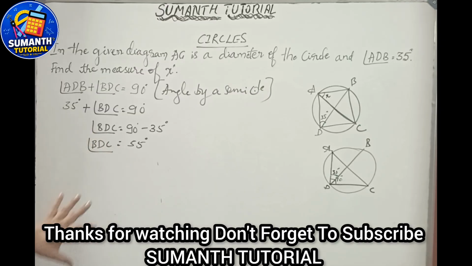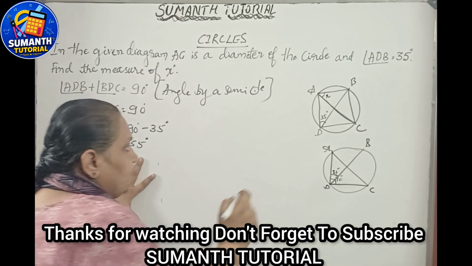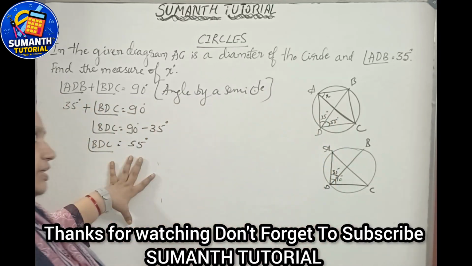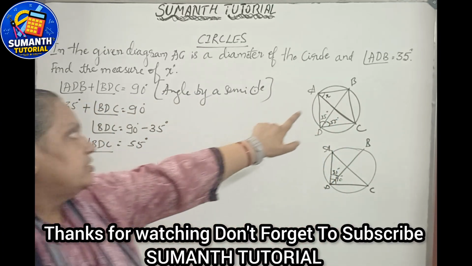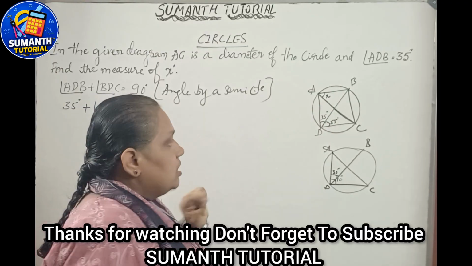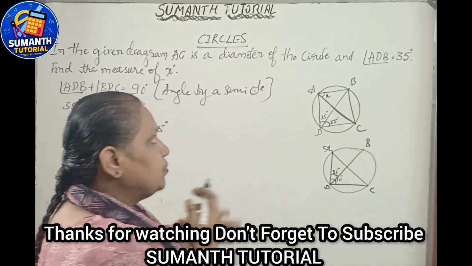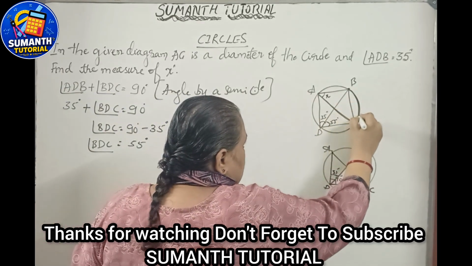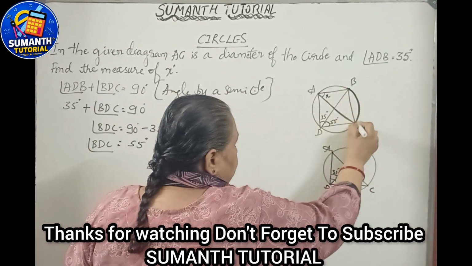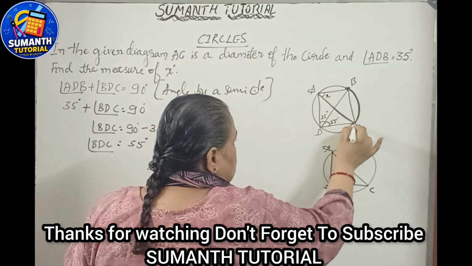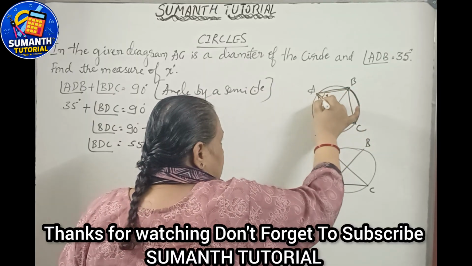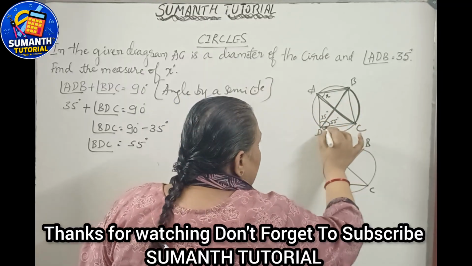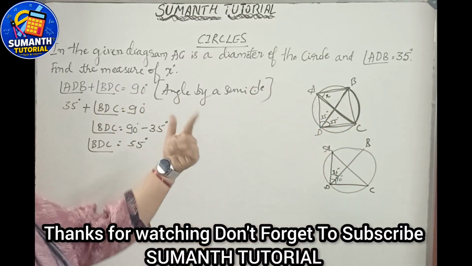After completion of this, we know this angle is equal to how much? 55 degrees. What we have to find? The angle x. So for this, what to do then? Can you see here angle BC, nothing but arc BC? This is B and this is C. BAC and BDC are the angles formed by the same arc BC.